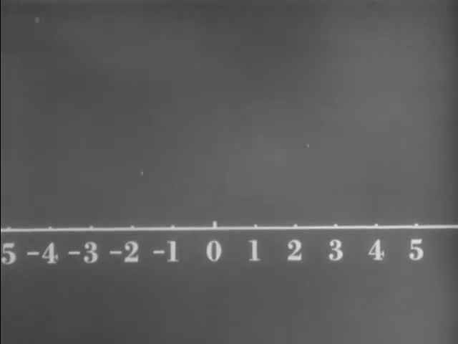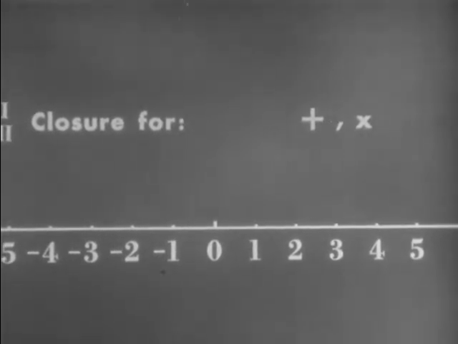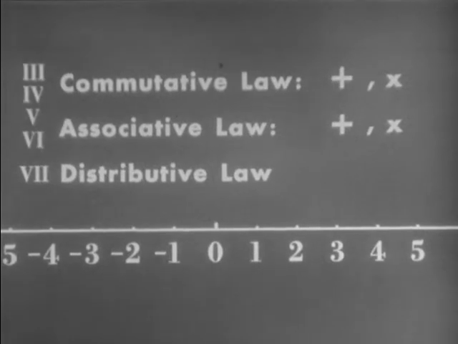Let's look now at the sets of numbers used in secondary school algebra and find out which of them are fields. We know that the set of integers is closed with respect to addition and multiplication, that 0 and 1 exist in this set, and that the 5 familiar laws hold.